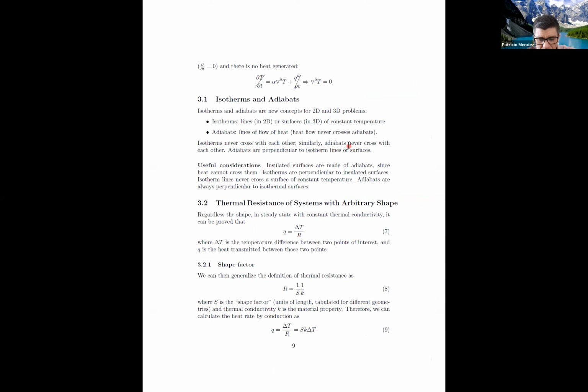So let's talk about thermal resistance of something with an arbitrary shape. Let's say we got bored with cylinders and walls and spheres. Let's talk about weird stuff. And I'm going to show you an introduction to weird. It can get even deeper.